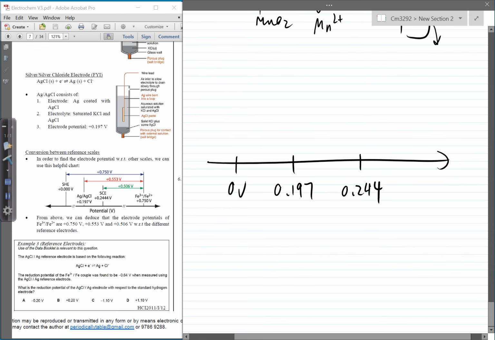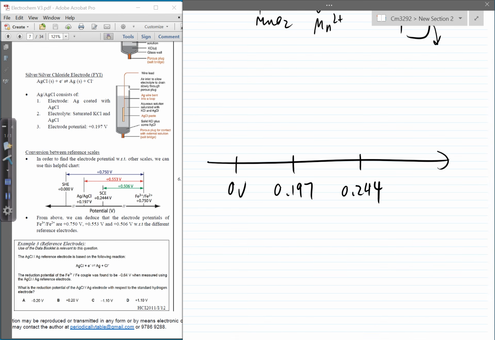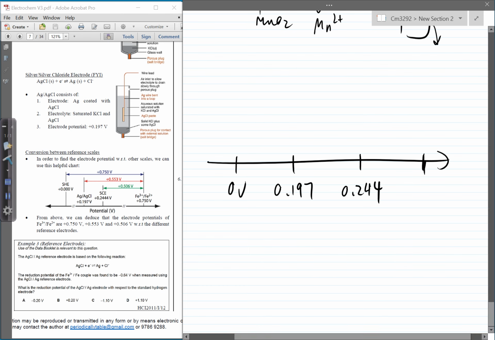So basically, let's say you have your iron system, it is 0.750, right? It's not here, is it? Oh, it's here, 0.77. We know that it's 0.77 with respect to your standard hydrogen electrode. So with respect to your AgCl, it'll be just the difference, correct? And for this one, it'll be a difference, etc.